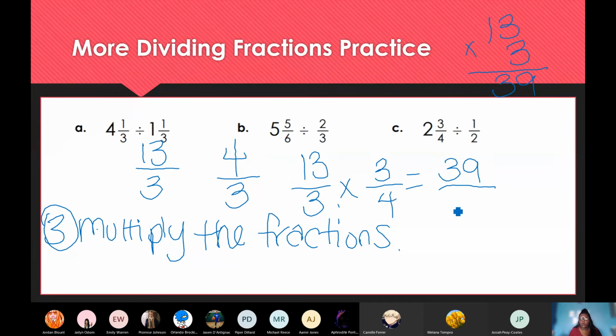And 3 times 4? 12. Am I done? No, you have to simplify. Yep, so step 4 is going to be to either simplify or change to a mixed number.